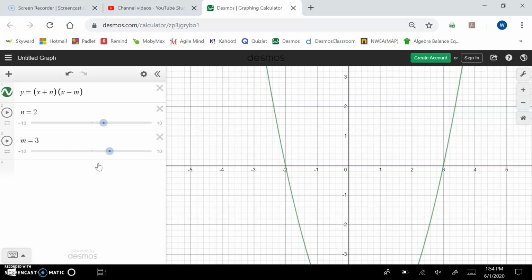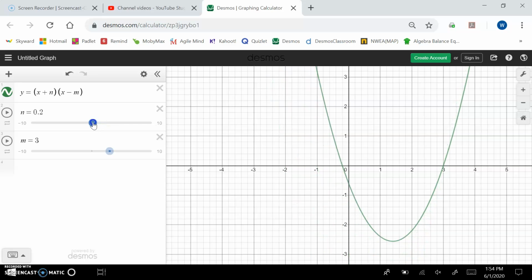In standard form, we had the y-intercept and some information about whether it opens up or down, whether it was stretched or compressed, and the b value told us whether or not it was centered on the y-axis. In this form, it's telling you what point or points it crosses the x-axis at. I say point or points because right now I have two x-intercepts, but notice, hopefully you did this, I suggested you make one or both of them equal to 0.